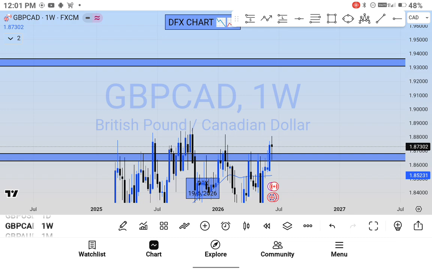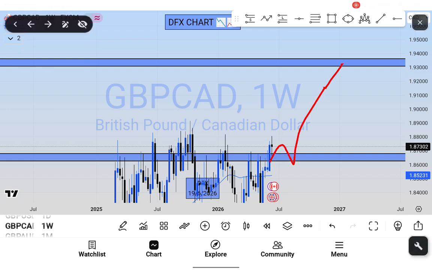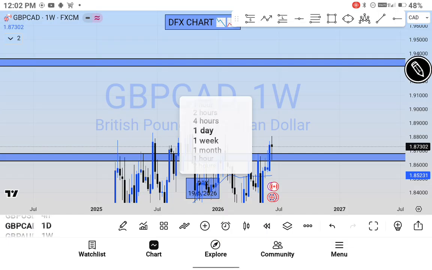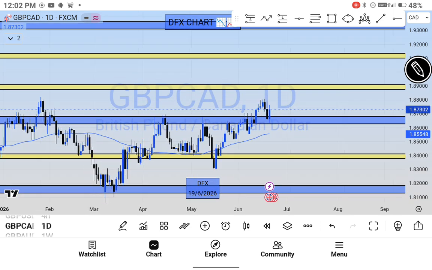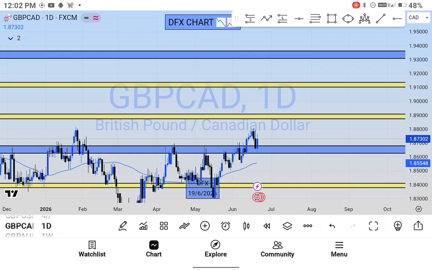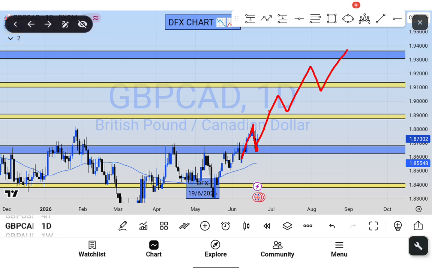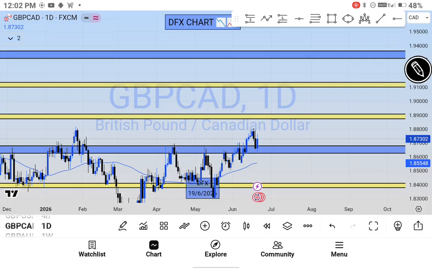So we expect the market to move from this point to this point. Going down to the daily time frame, what do we do? We already have a break above and a retest, so we expect the market to continue giving us a series of higher highs and higher lows. On this retest here, I actually took a trade.